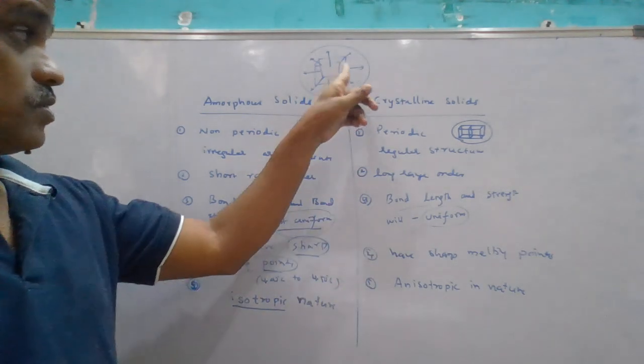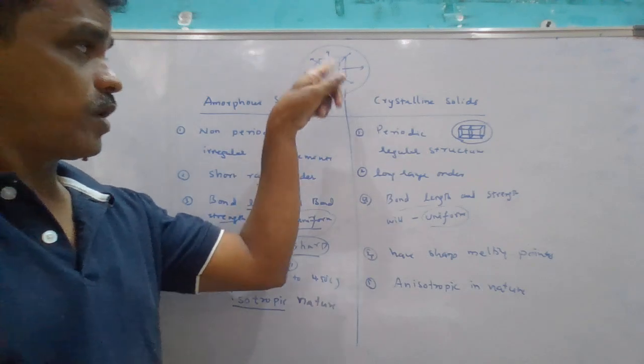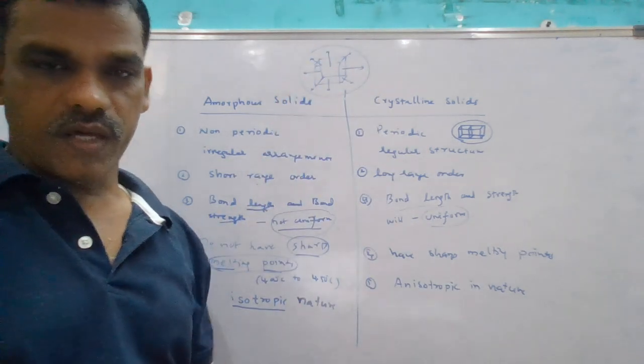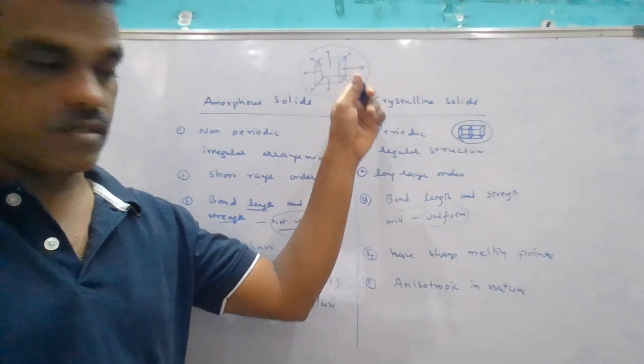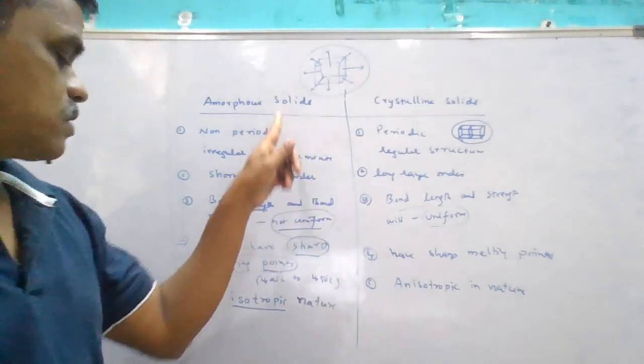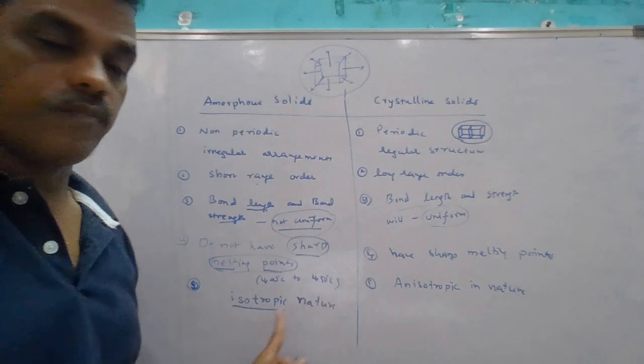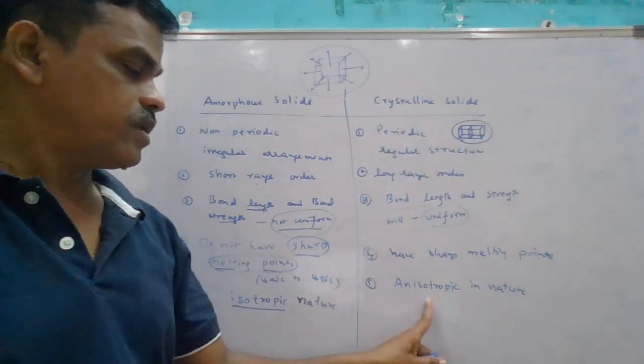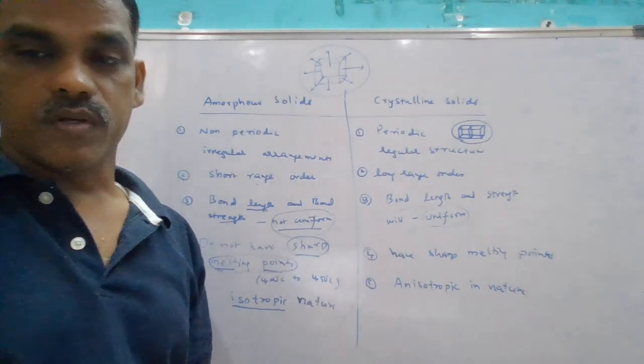If the direction is changed and the property changes, that is anisotropic in nature. So amorphous solids will be isotropic in nature, crystalline solids will be anisotropic in nature.